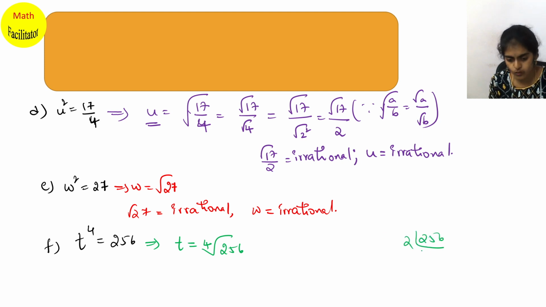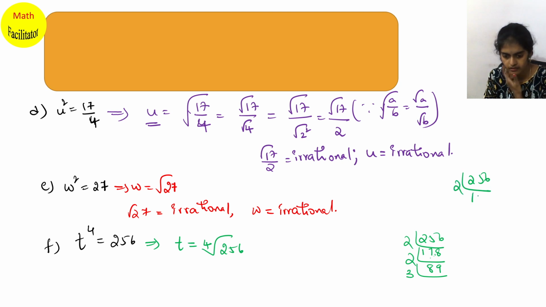Just prime factorize it. 2 ones are 2, 2 twos are 4.